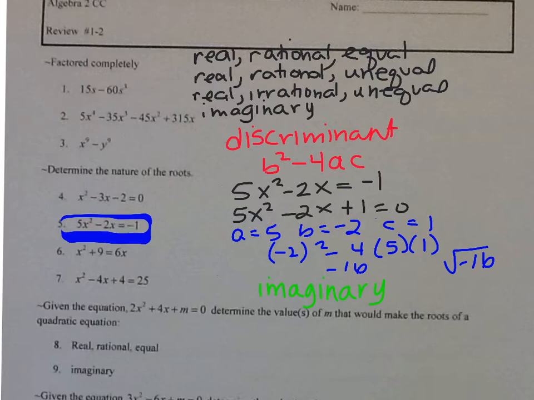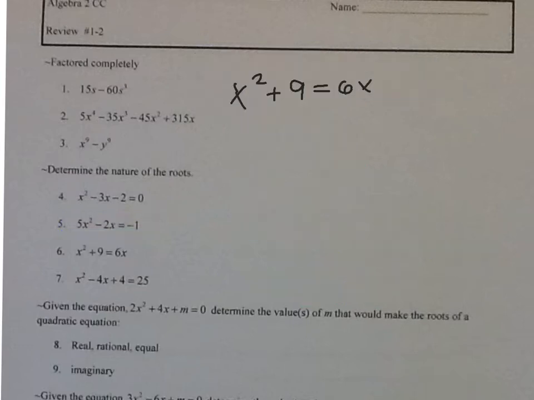Okay, so let's take a look at the next one, which is number 6. Number 6 is x squared plus 9 equals 6x. Again, that's not in the right form, so we have to minus 6x over.